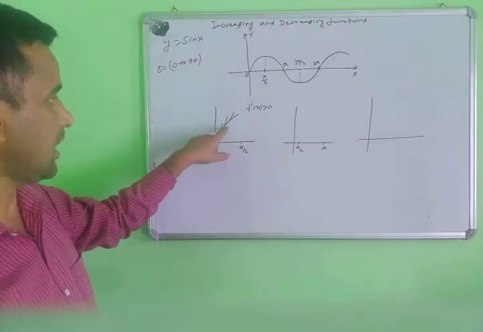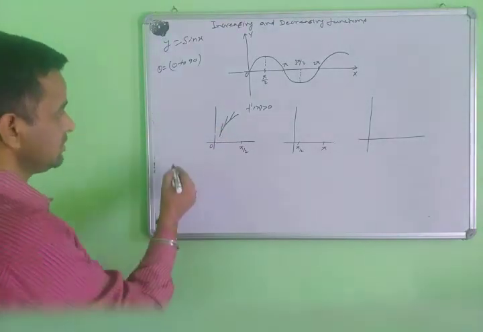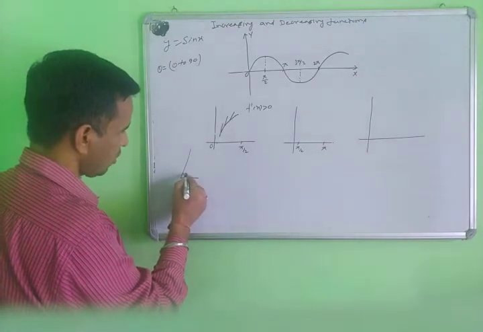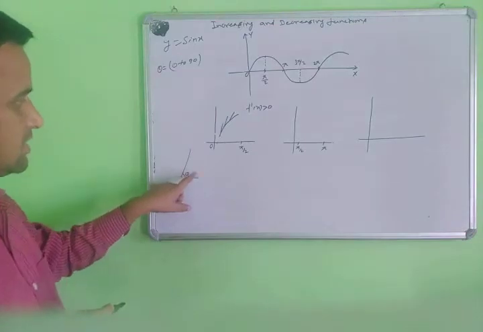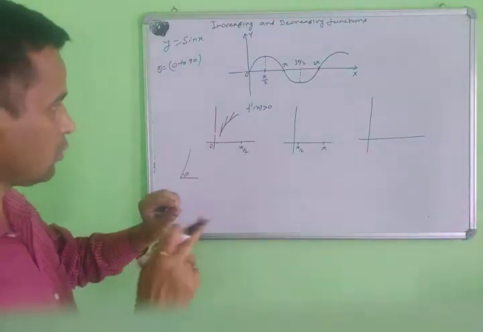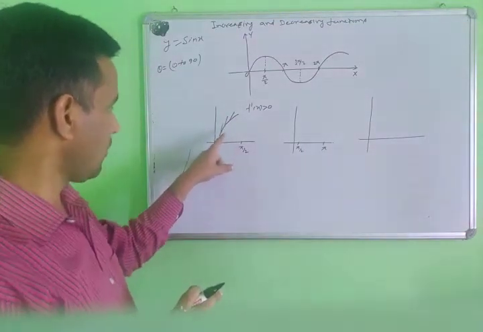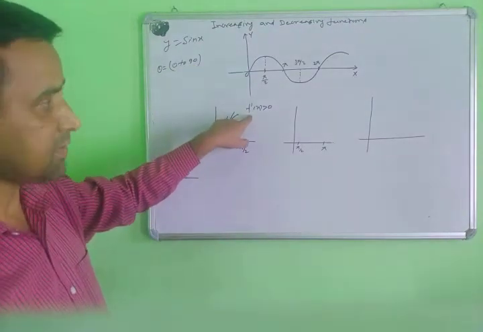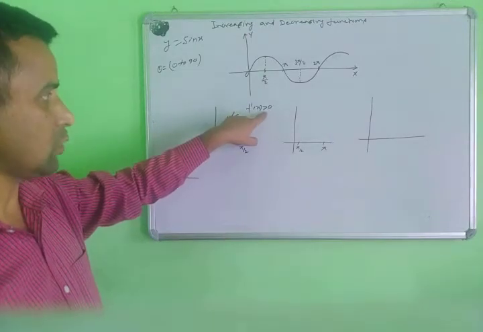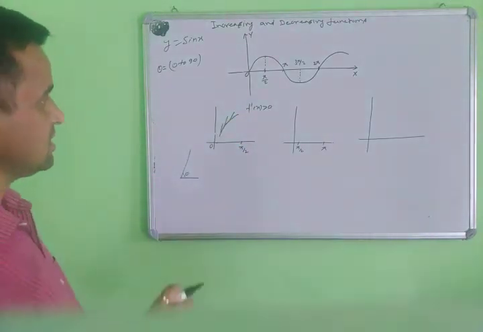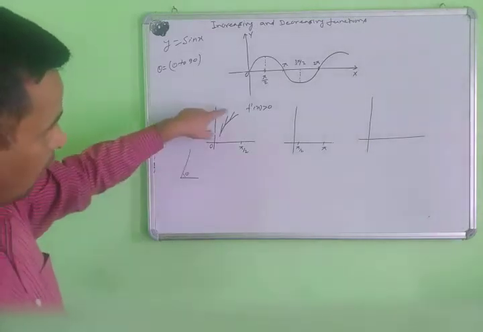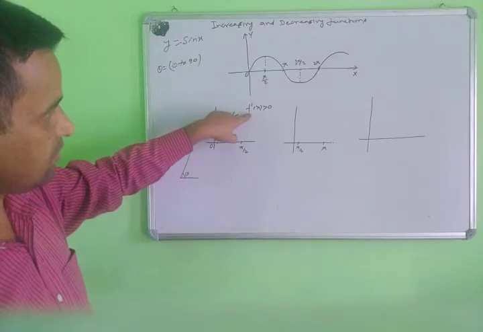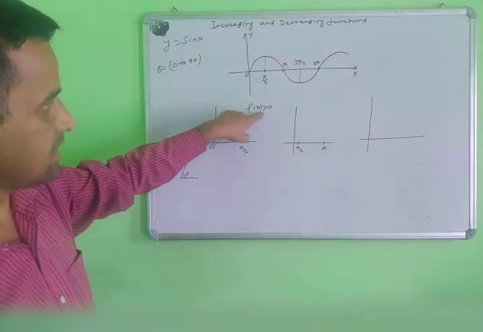Theta is always less than 90. When theta is between 0 and 90, the slope of the tangent will be positive, greater than 0.